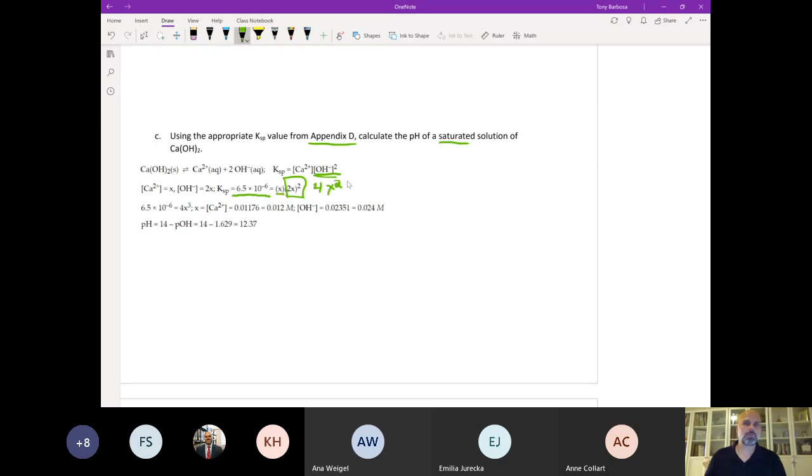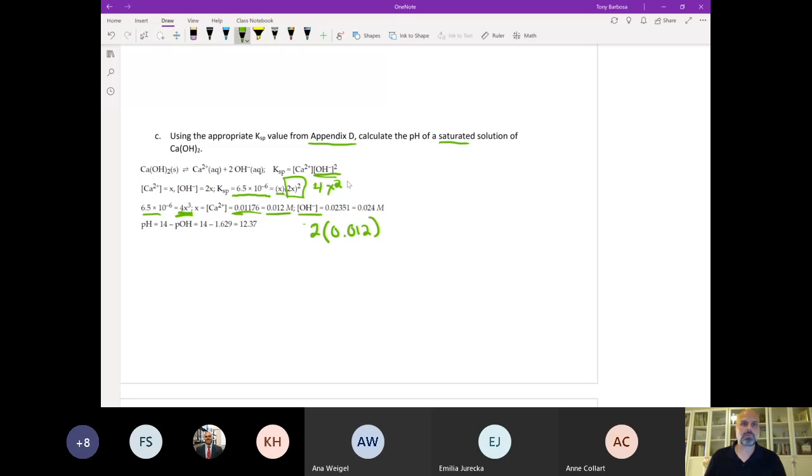Multiply that by another x, gives you 4x cubed. So it is still squared all the way through. And then we're going to solve for x. So you divide both sides by 4, and then take the cube root, and that gives you the concentration of your calcium ions, which is x. The concentration of hydroxide ions, on the other hand, is going to be 2x, right? So you take twice, 2 times the 0.012.